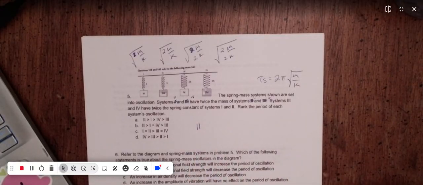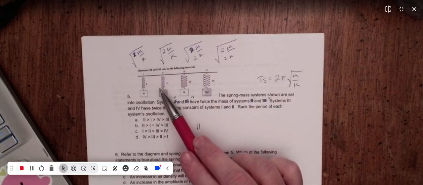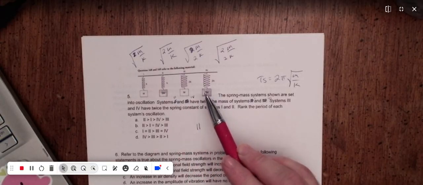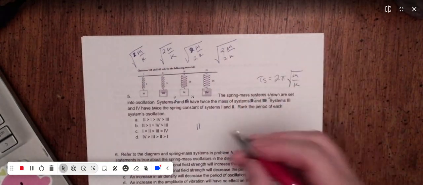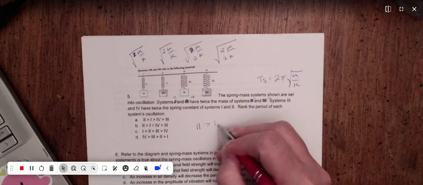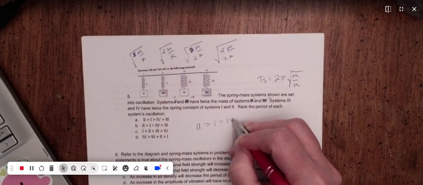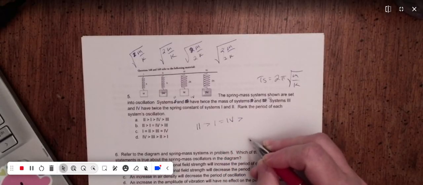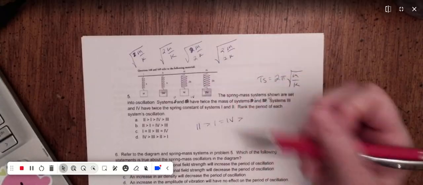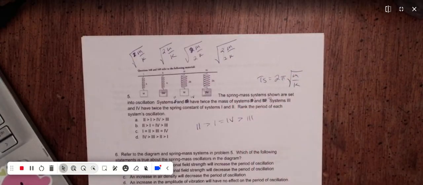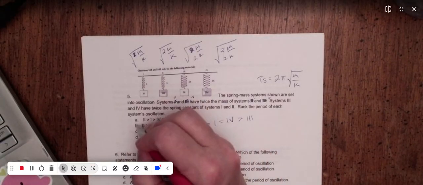And then 1 and 4 are actually equal because these 2's are going to cancel out. So 2 is greater than 1, which equals 4. And then 3 is the last one because it's got a 2 on the bottom here. So that's going to be answer choice B.